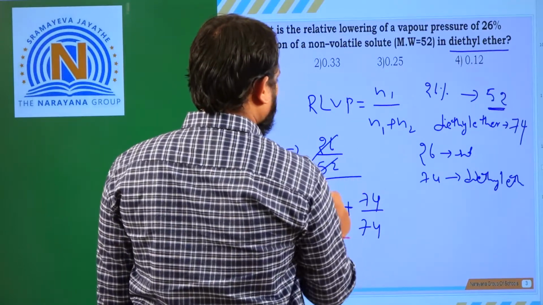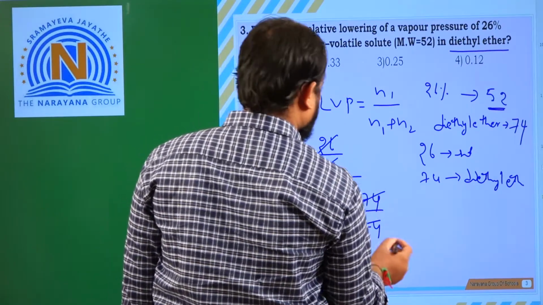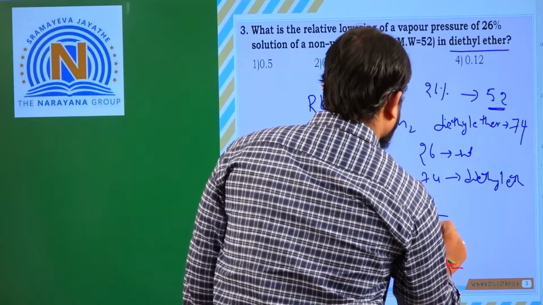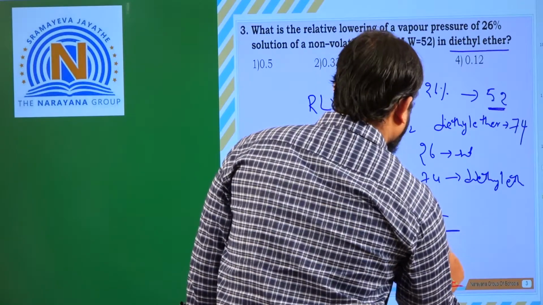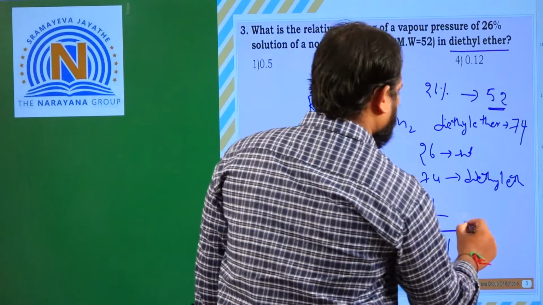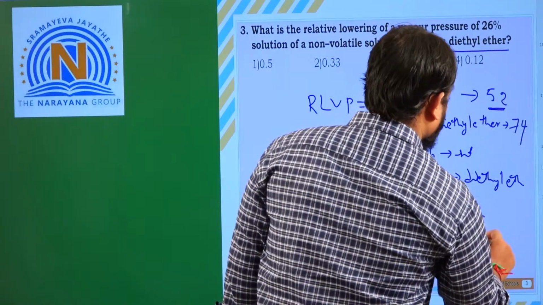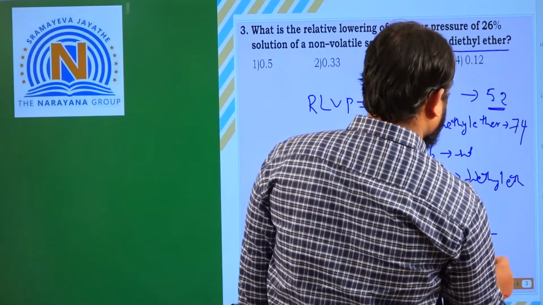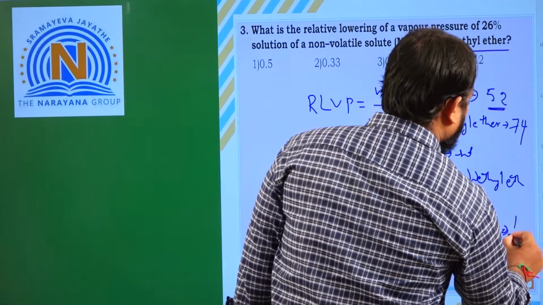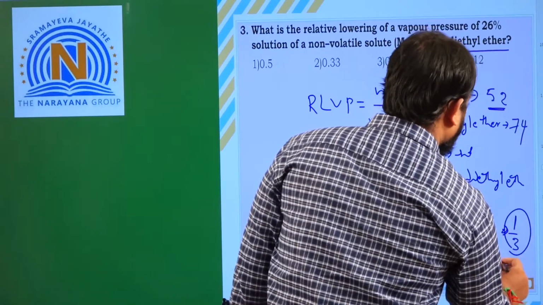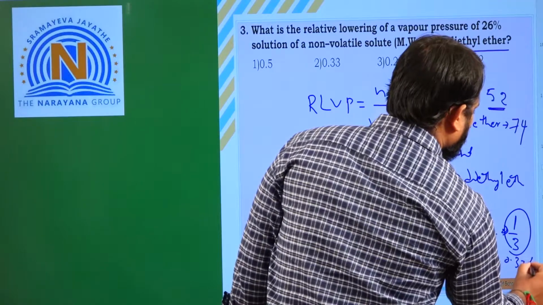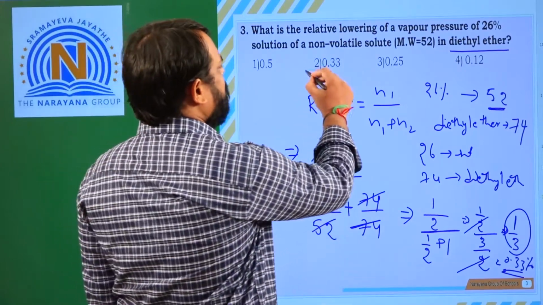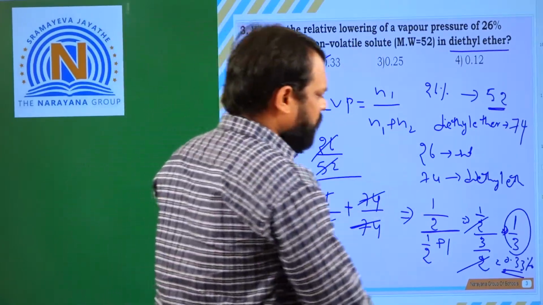That is 1 by 2 over 1 by 2 plus 1, which is 1 by 2 over 3 by 2. The 2 gets cancelled, so 1 by 3, which is 0.33. The option is there, so this is the second option. We'll move to the next question.